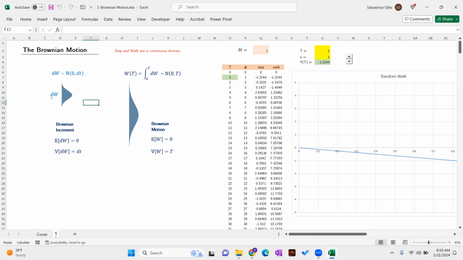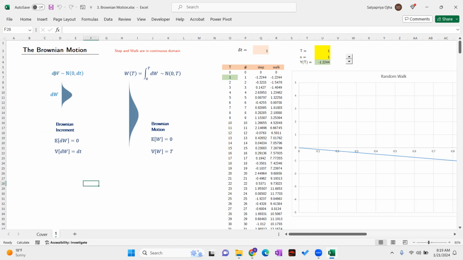In continuous, we write D. D means differential, okay? Not trying to be too technical here, but these are some of the very basic things that need to know about. Our step now looks like this. It can take any value. It is a normal distribution. I am denoting my step as dw, okay?